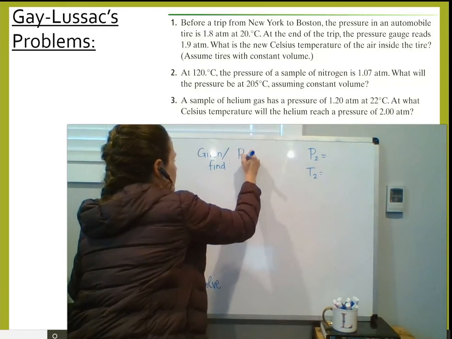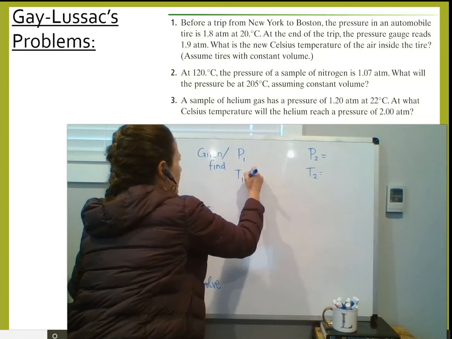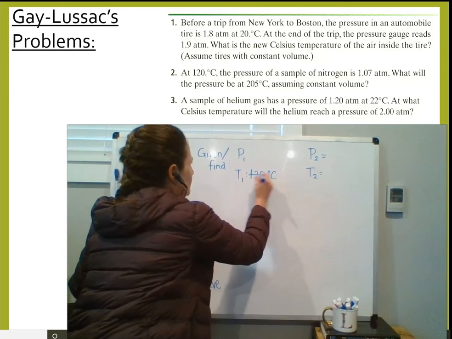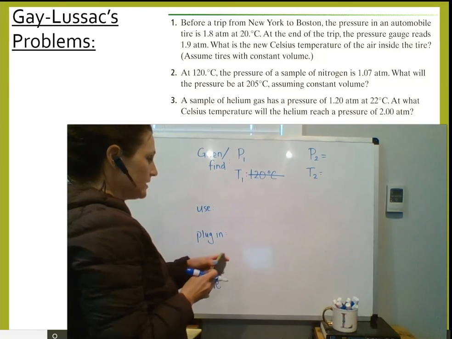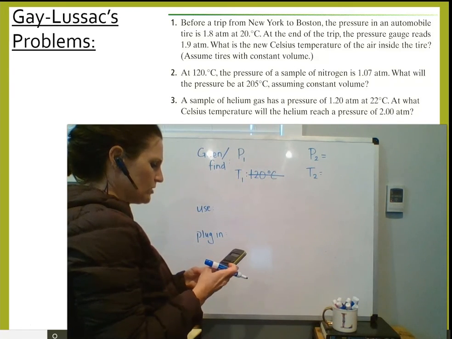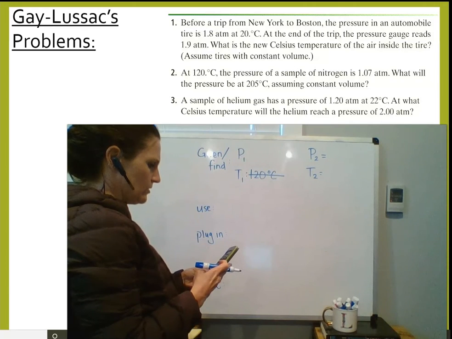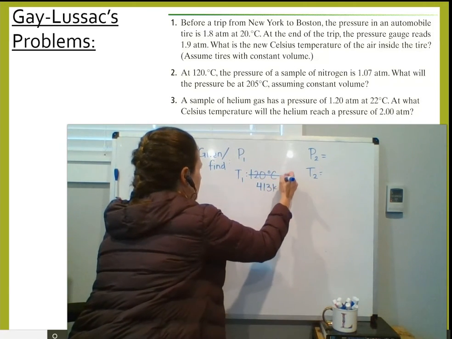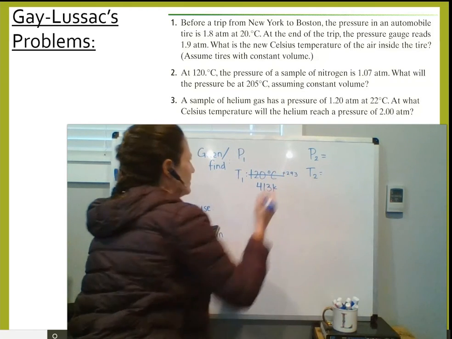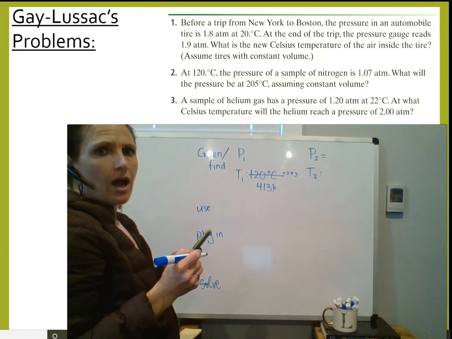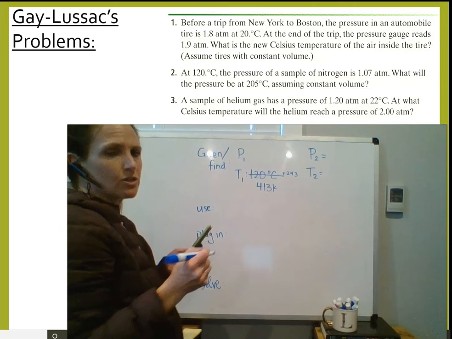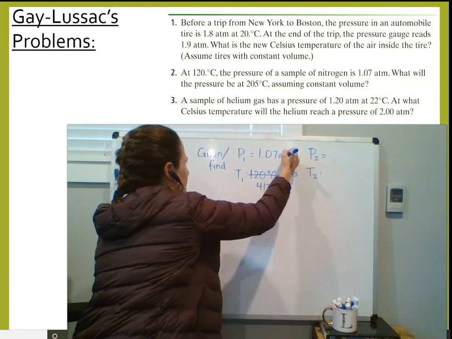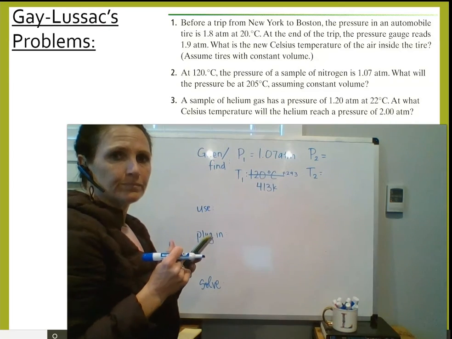So if I'm looking for P1 and T1, I have 120 degrees Celsius. And so of course we immediately change that to be our Kelvin temperature. So 120 plus 293 equals 413 Kelvin. And this has a pressure of 1.07 atm.